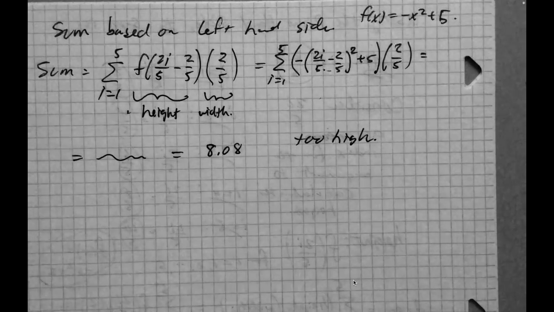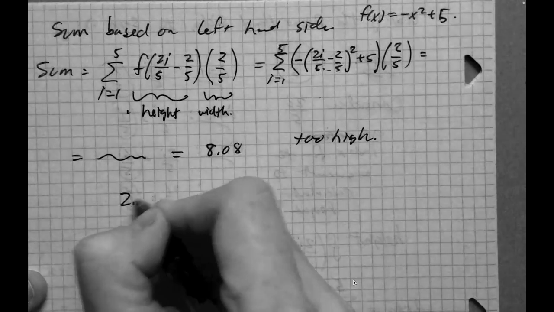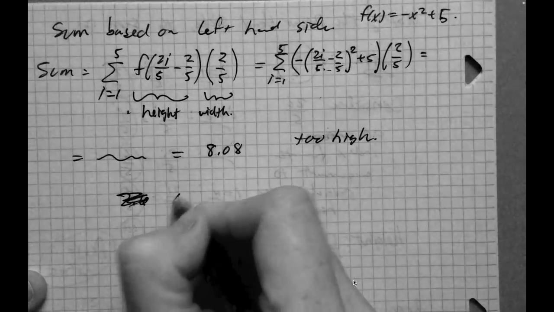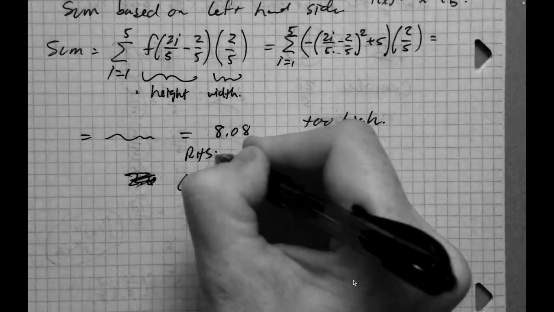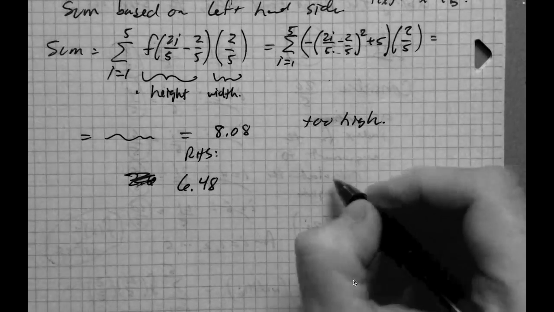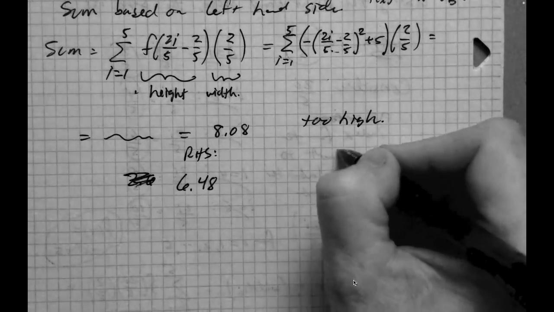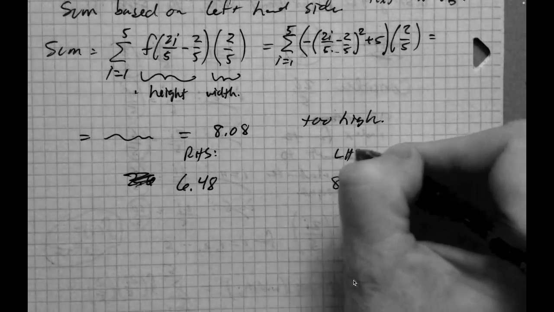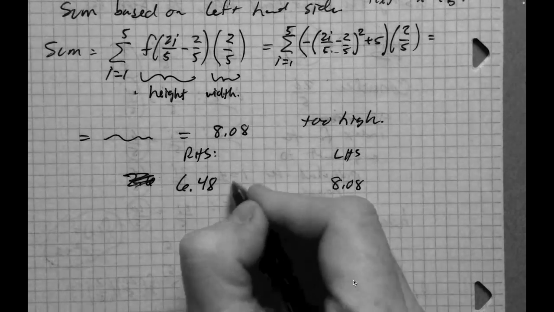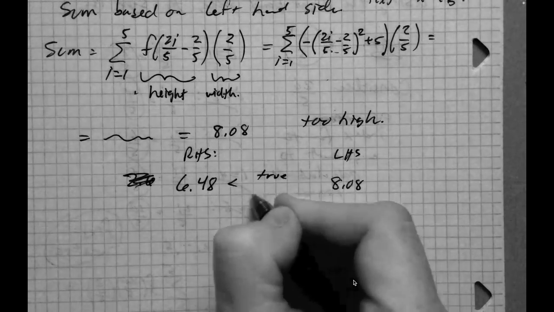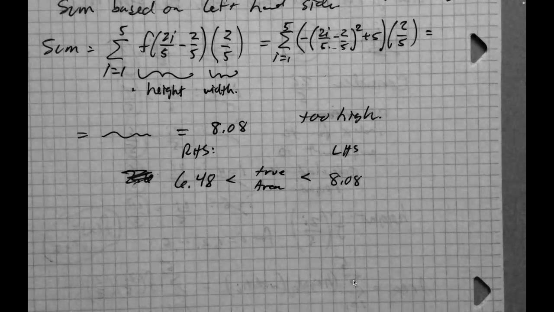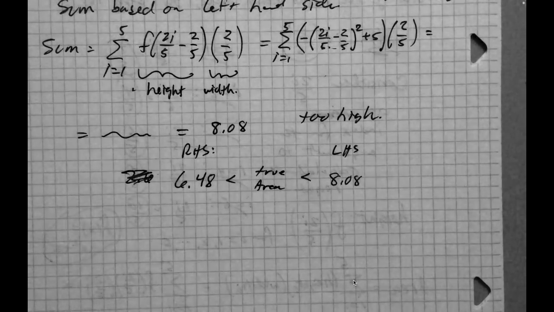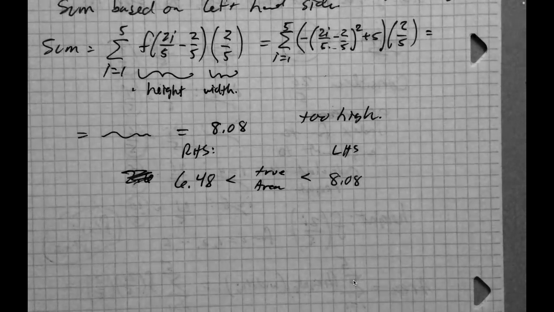Before we had 6.48 as our area using the right-hand side, and now we have 8.08 as the area using the left-hand side. The true area is somewhere between those two values.